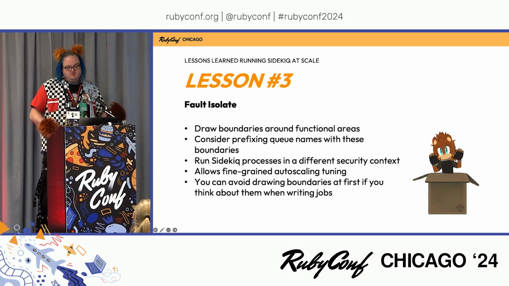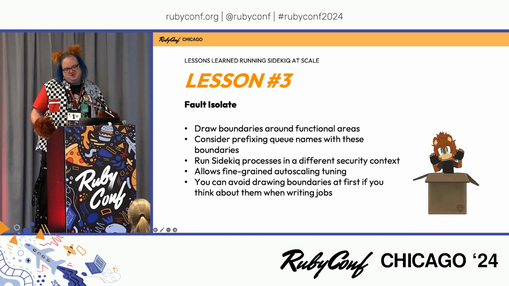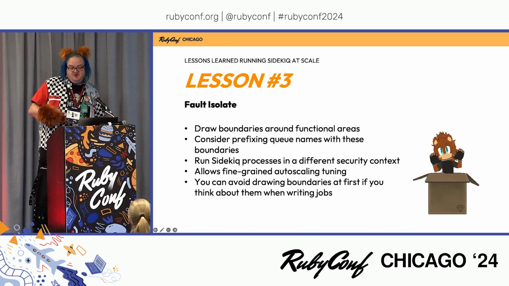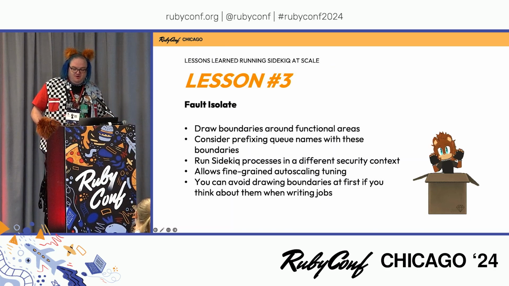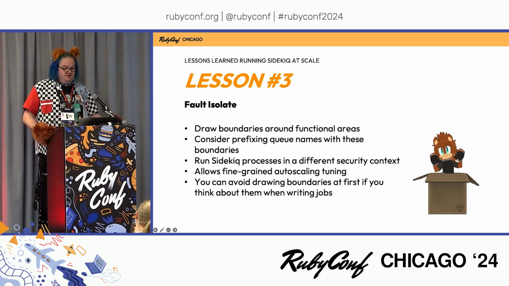You might want to have different resources allocated, different CPU, different RAM, whatever. You might want to pack them more efficiently or less efficiently, depending on whether the job can go a little bit over its SLA, or maybe it can't, right? That's the thing you need to think about. The biggest important thing, which I think is not thought about all that much, is that the security context is important.